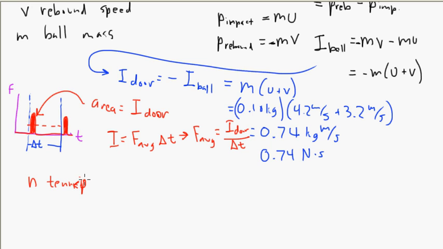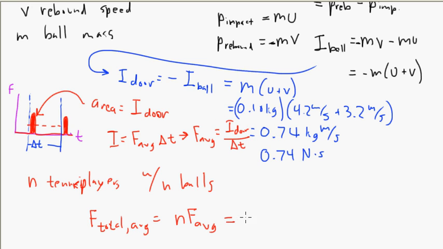So the total average force is going to equal the number of tennis players with balls, times the average for one ball, which is what we calculated up here. This is just one ball hitting every delta t. So the total average force is going to equal n times I door, which is the impulse one ball exerts on the door in one bounce, divided by delta t.